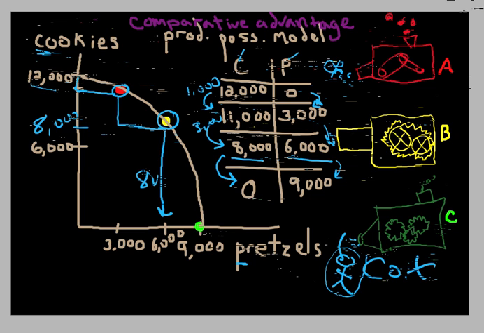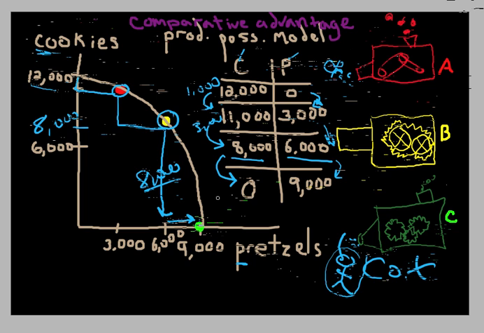You gain the extra 3,000, but you lose quite a bit. Now, this has all got to do with comparative advantage. Comparative advantage says machine A has a comparative advantage in making pretzels over machine B. Machine B has a comparative advantage in making pretzels over machine C, linked to this whole cookie thing.